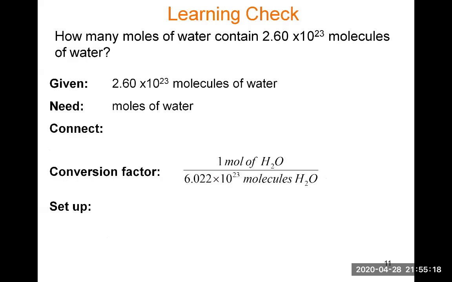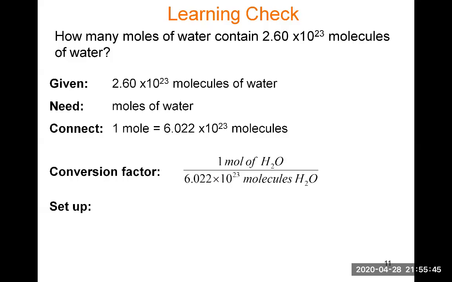And so again, we will use the definition of the mole and the Avogadro number to connect moles to molecules. And here you adapt the particles to molecules of water. And so out of this equality, we can write 2 conversion factors. And here the conversion factor is already shown.